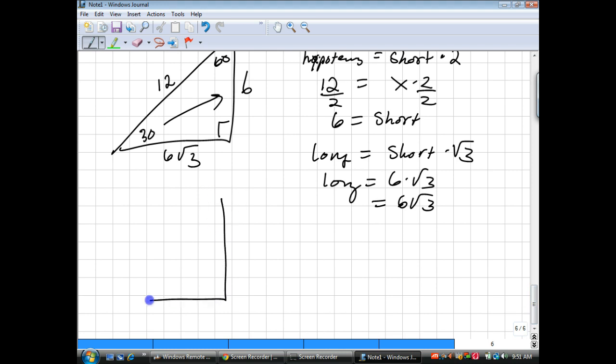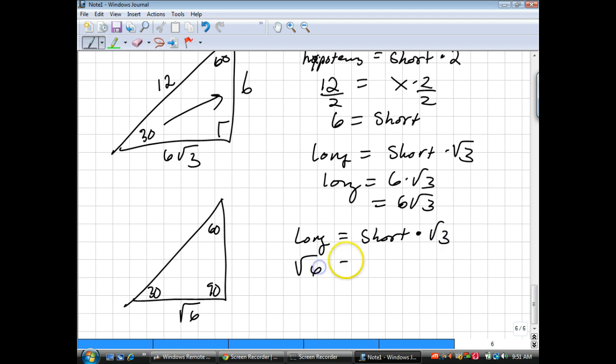Let's do one more. 30, 60, 90. Okay, the longer leg is square root 6. Okay, well, we know that the long is equal to the short times square root 3. So square root 6 equals x times square root 3. So divide by square root 3. So we get square root 2 equals x.